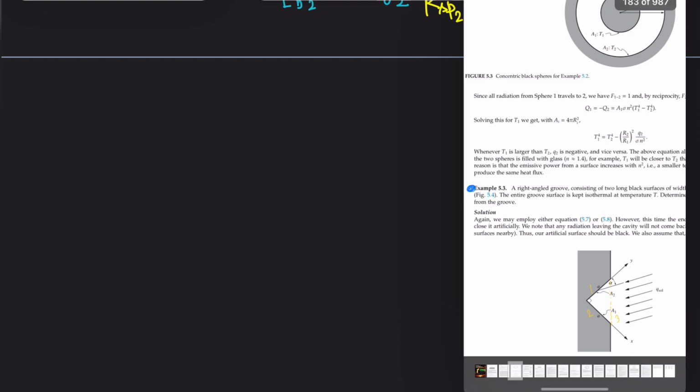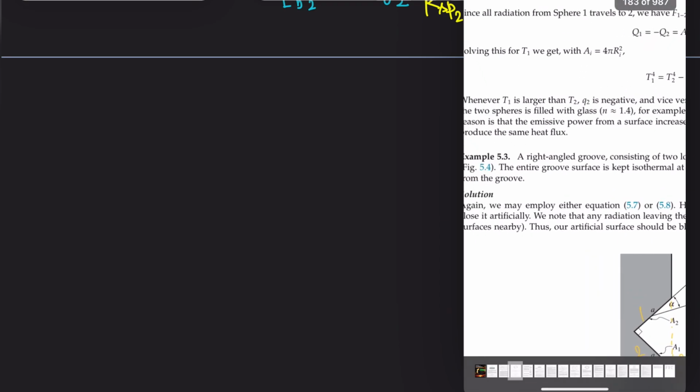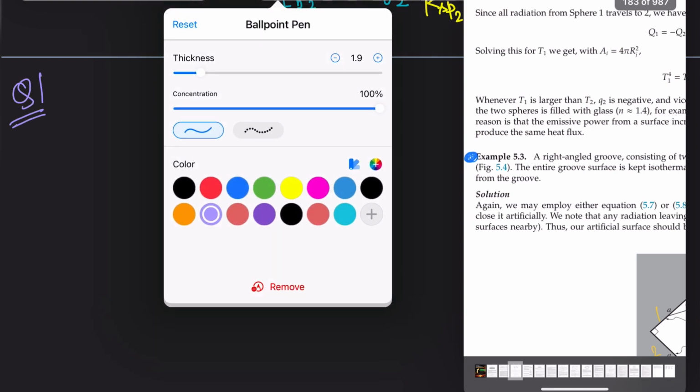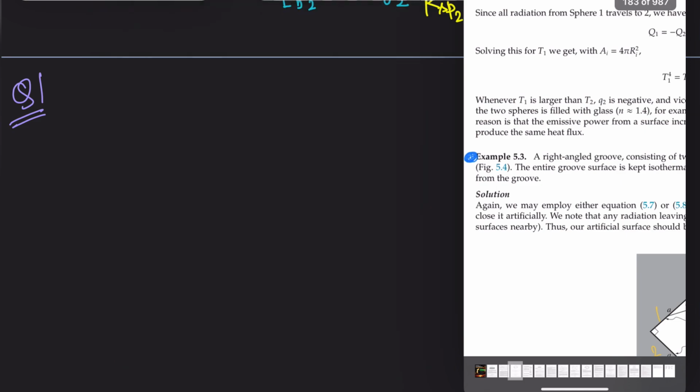Let me do it full screen. Okay, I think you can see it, right? I will just draw this, don't worry. So question 1 says that we have a groove like this.